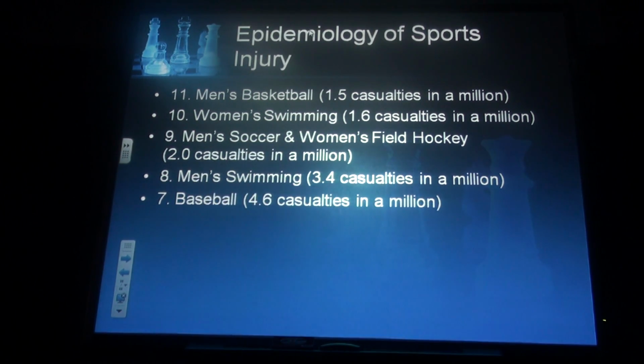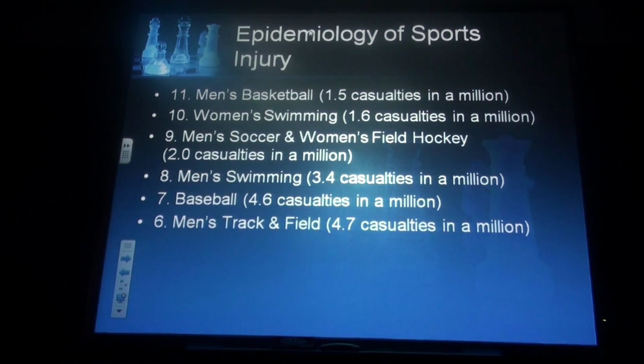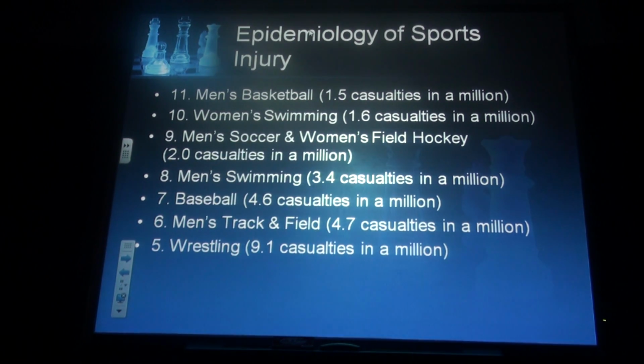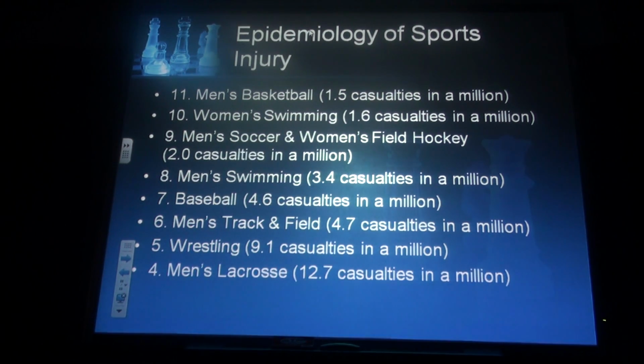Number 7, baseball, 4.6 casualties in a million. Number 6, men's track and field, 4.7 casualties in a million. Number 5, wrestling, 9.1 casualties in a million. Number 4, men's lacrosse, 12.7 casualties in a million.